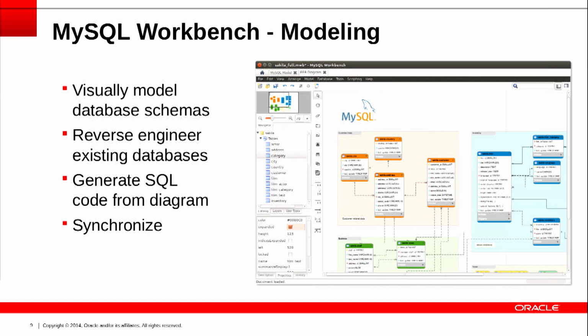For the DBAs, it's good to see how the database looks like in real, like in an extended entity relationship diagram, right? It's not a standard ER diagram, it's an extended one, because you see this is a table, and these are columns, so this is the extended one. It allows you to visualize the database.